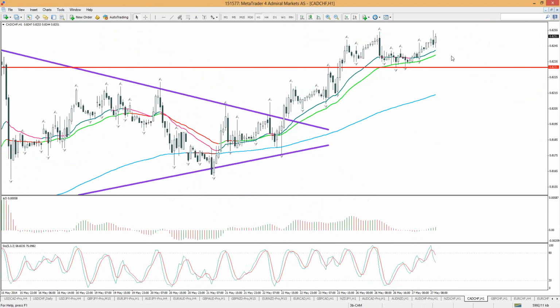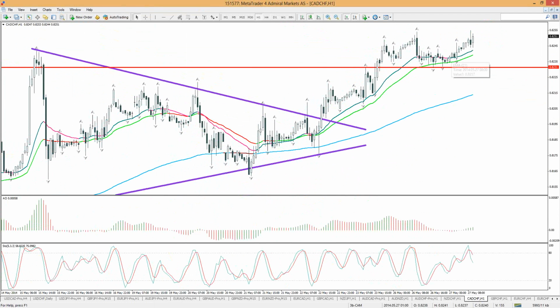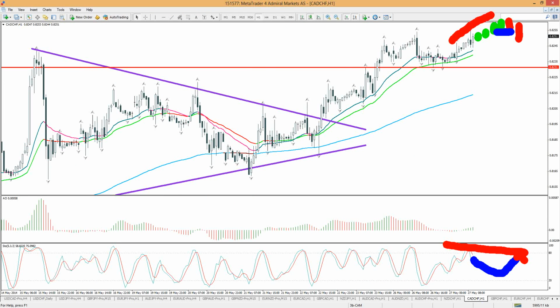So I don't want to make it too complicated. Let's say we have bullish candle, bullish candle, bullish candle, bullish candle, and all of a sudden we have a candle that's bearish, and the next candle closes below these lows, like that. And the stochastics goes up but doesn't cross the 80, right? So we have divergence like this.